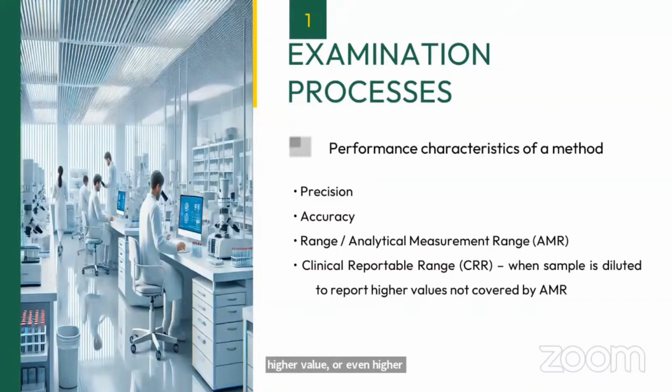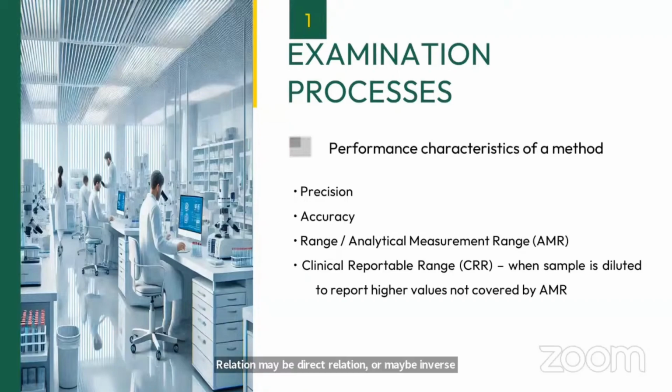For that purpose, you should have a specific clinical reportable range. How to come to a conclusion on this clinical reportable range? For that purpose, you have to perform certain dilution studies or linearity studies: up to what dilution the relation between the dilution values and the results obtained remains linear, maybe a direct relation or maybe an inverse relation.